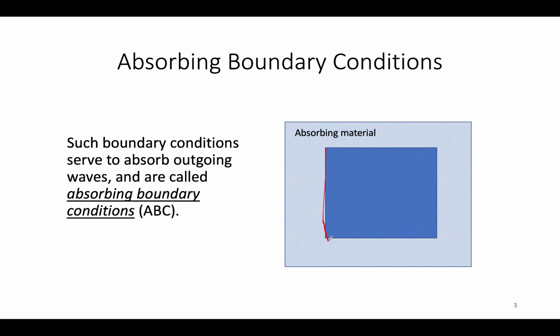Here in dark blue we have our simulation domain, and around it we add a number of cells that include an absorbing material. We add a certain number of cells with a given dielectric constant, conductivity or impedance, such that the material is capable of absorbing outgoing waves without reflecting any wave back.